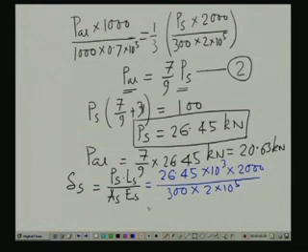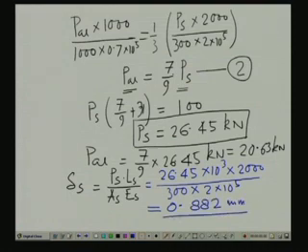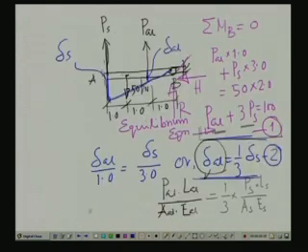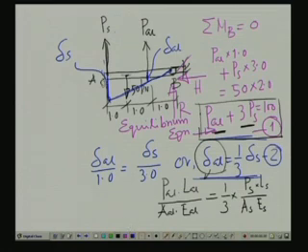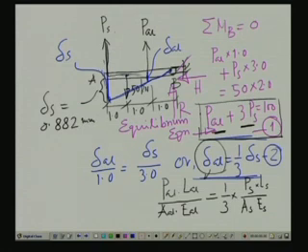Hence, this gives us a value which is equal to 0.882 millimeter. So, this is the deformation of the steel rod which is shown in this particular diagram. So, the deformation which we have obtained here, delta S, is equal to 0.882 millimeter.